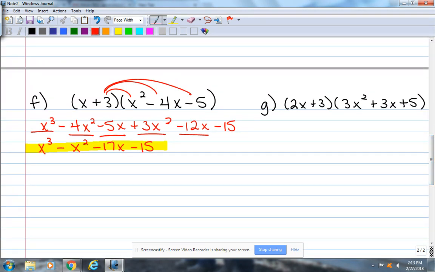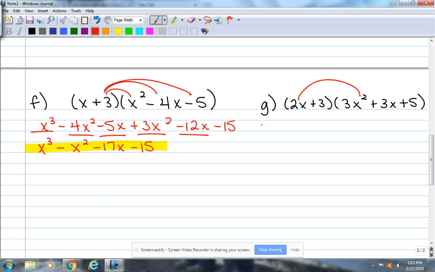So again, I got a binomial times a trinomial. So what do I do? 2x times 3x squared. Not just 2 times 3, say the whole term. 2x times 3x squared is what? 6x cubed.